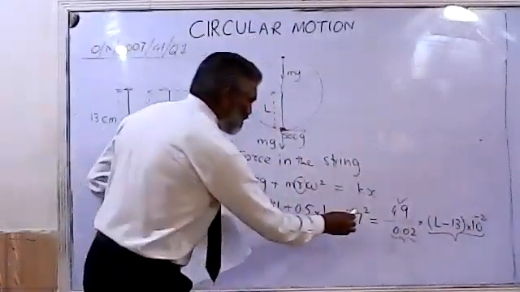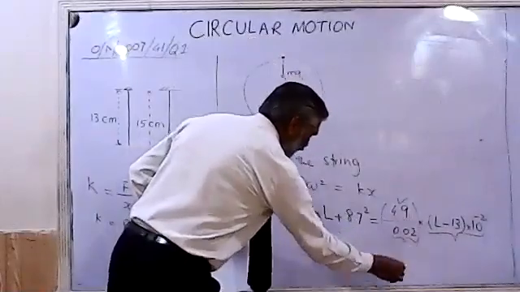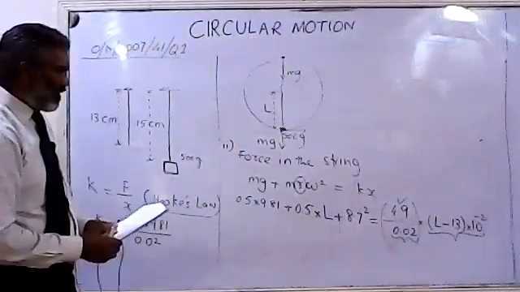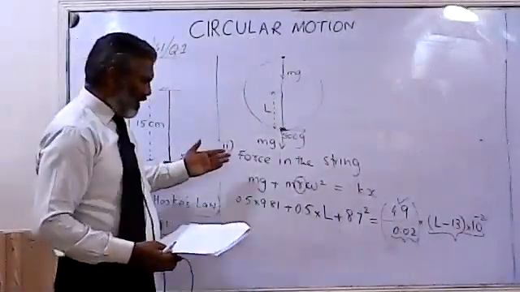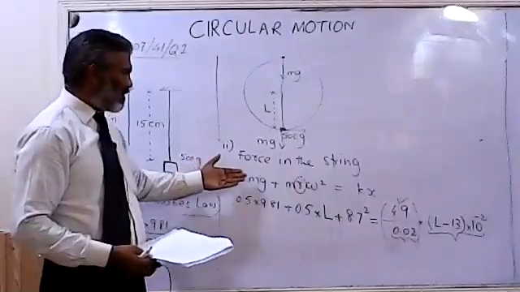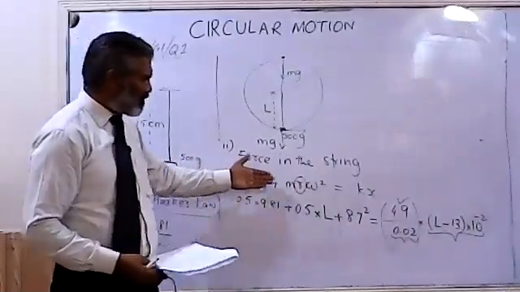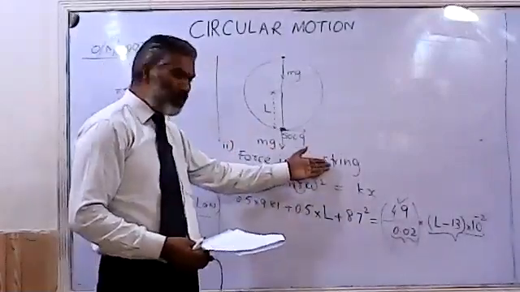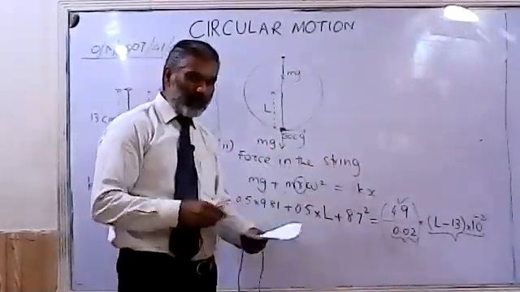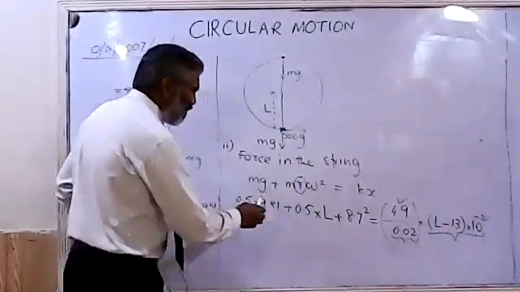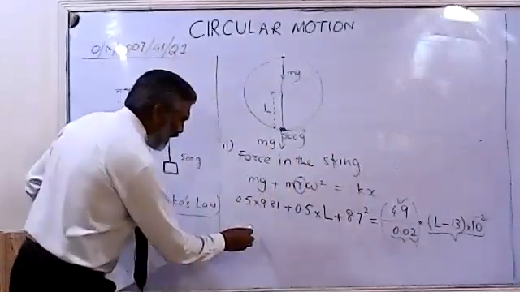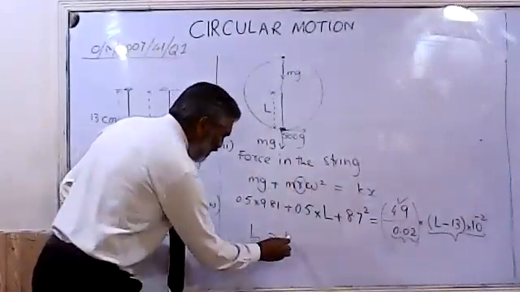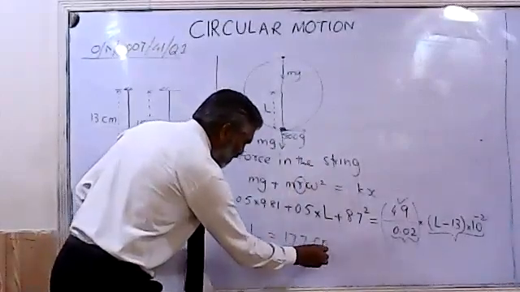So this part becomes K, and this part becomes the extension produced in the string. The left hand side of the equation is the two forces which must be equated to the force in the string. The force in the string is given by Hooke's law. So when I simplify this equation, I get the length nearly equal to 17.7 centimeter.